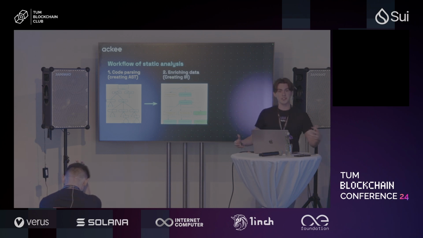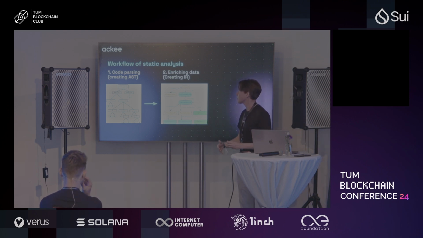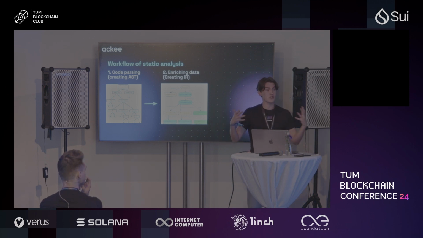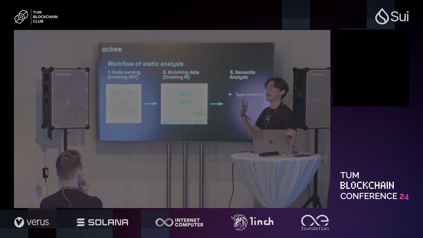And we do it by enriching it with what we call an intermediate representation model of the tree. After that, we can do semantic analysis. It includes type checking, data flow analysis, and control flow analysis.